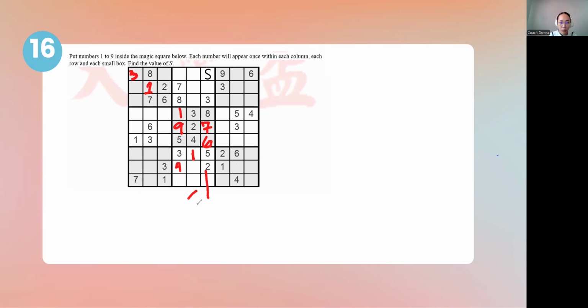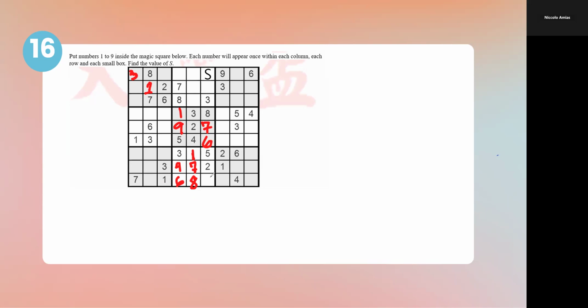Yeah, this one. I'm still thinking why I didn't put it here. But anyways, I put the 6 in the bottom left. And then the 7 goes in the middle because there's already a 7 in the bottom. And then 8. The 8 goes right there.